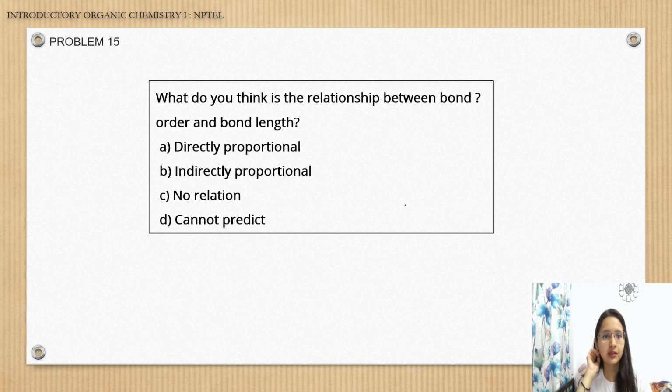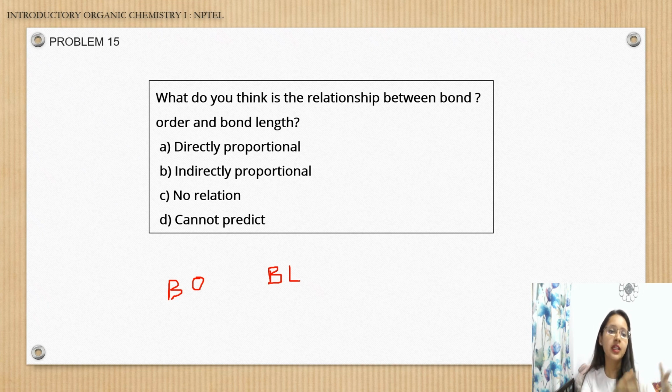Coming to problem number 15. They are asking, what would be the relationship between bond order and bond length? The options are directly proportional, inversely proportional, no relation, and cannot predict. We have seen that bond order tells you about the bond strength, and now we are also looking at the bond length.